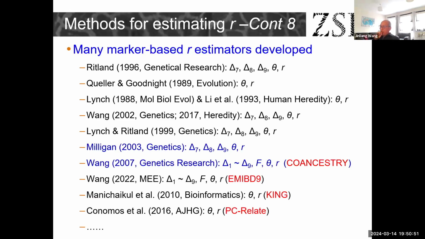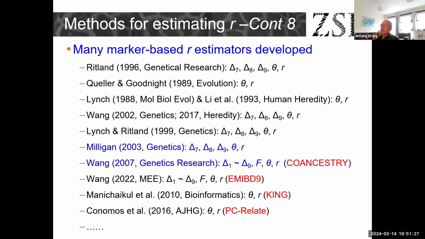And more recently, I developed a likelihood estimator to estimate delta 1 to delta 9, all 9 IBD coefficients, jointly with allele frequencies. So we update allele frequencies, taking into account the IBD coefficients, and use the refined allele frequencies to re-estimate IBD coefficients.